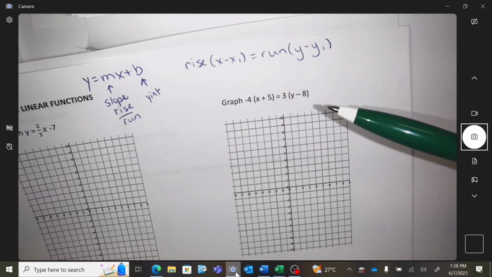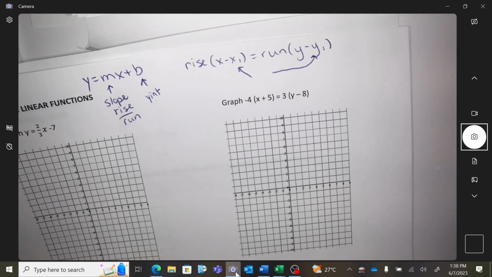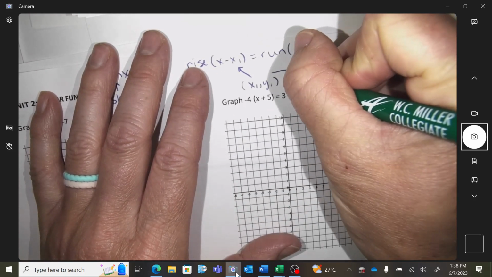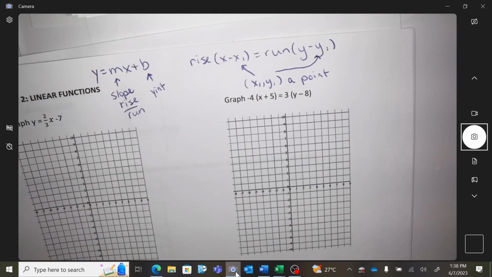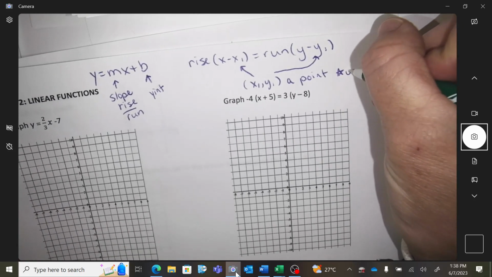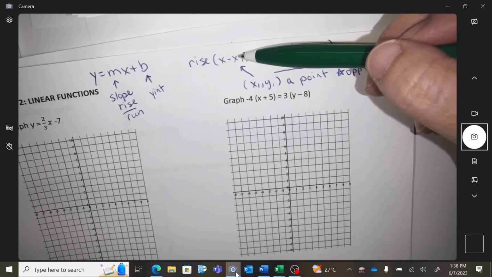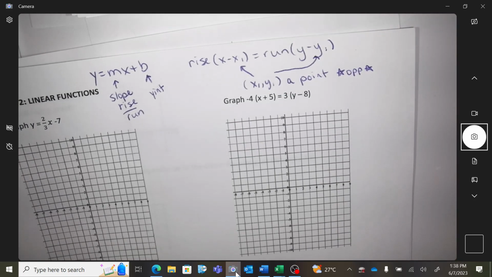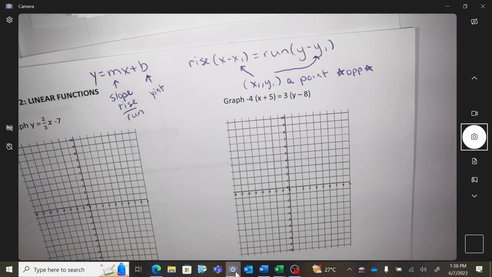And the x1 and y1 would be a point. Just somewhere there'd be a point. Do you remember that I go opposite? I'm going opposite because the equation says to negate x1 and I have an x1. So whatever I see for the point and the formula are opposite of each other. So plus minus.